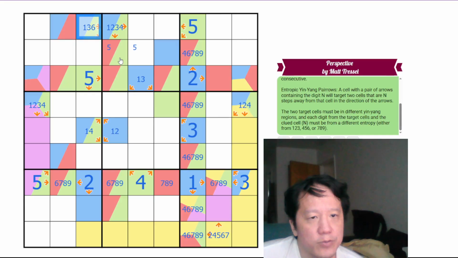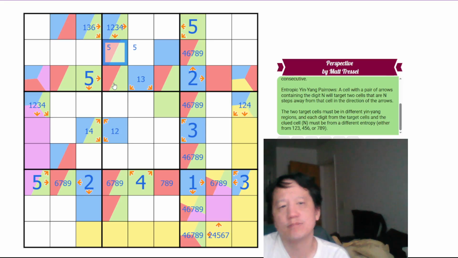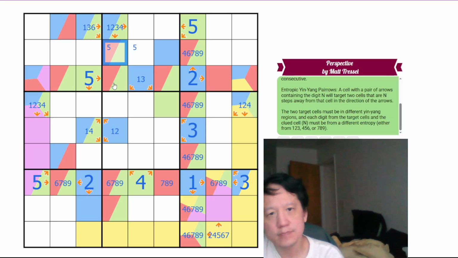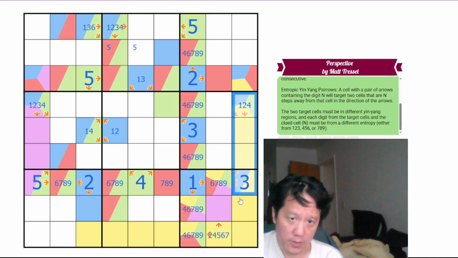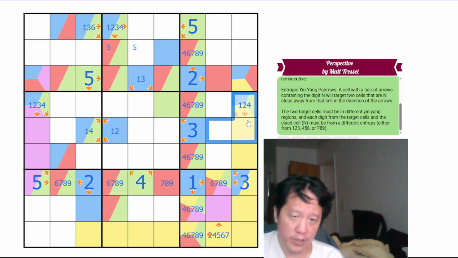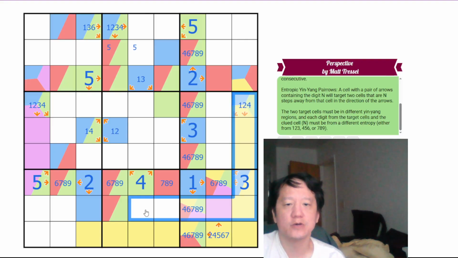That could work. 1 away would make that medium and that high. That could work. Three away could work here. Medium, high. One away could work. 2 away could work. 4 away seems like it could work.